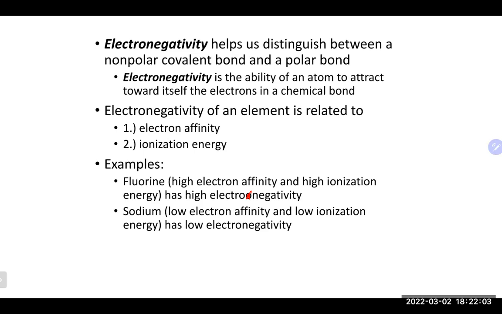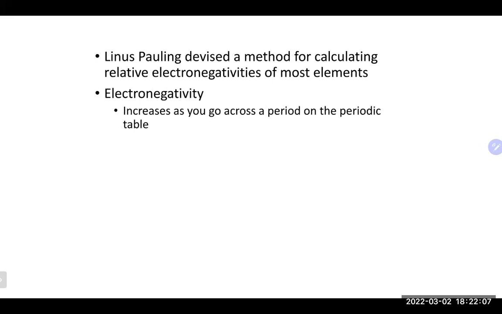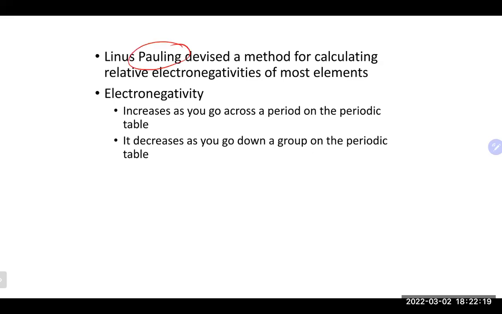So there was a guy named Pauling who did come up with actual values for electronegativity. And the general trend, as we talked about, is that up and to the right, it increases, left and down, it decreases. Pauling came up with the idea of giving values to the elements of 0 basically to 4. 4 is the most electronegative.